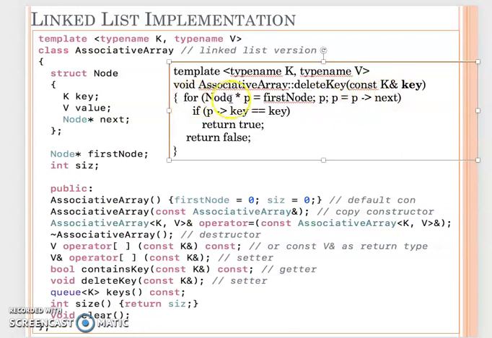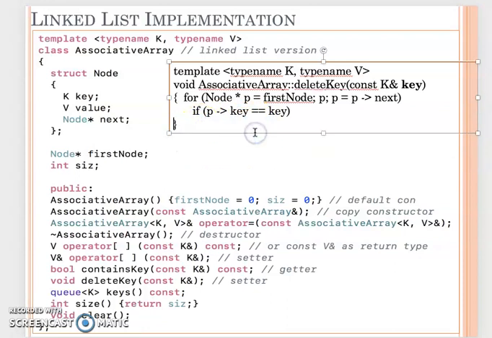We still use a for loop, but the different thing is, if we find the key, we will remove that key. If we don't find the key, we do nothing. So here we just remove all the returns, because delete key only deletes that node when we find the key. Otherwise, we do nothing. Do you still remember how to delete a node?